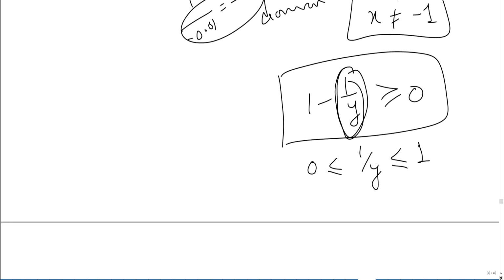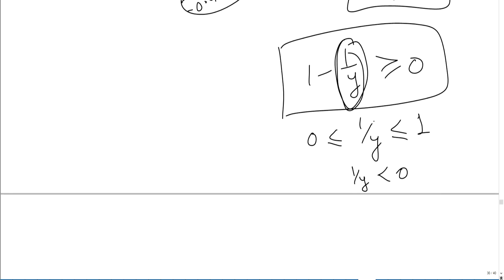But this is not the only way this can work. This can also work if 1 by y is actually negative. If it is negative, then it is also fine, because if 1 by y is negative, then 1 minus some negative term becomes a positive thing, right.